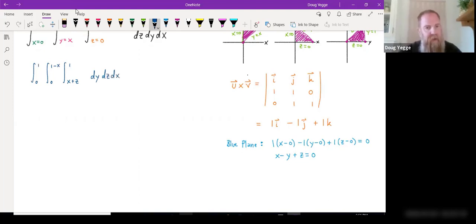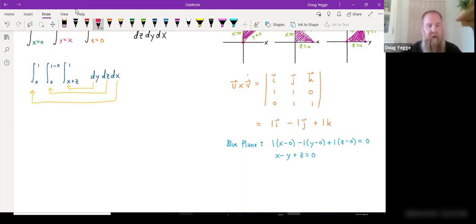So I like to put x equals and y equals and z equals just to help us understand what those are, but most of the time you're not going to see those values. You're just going to have to recognize that x is referring to these limits, z refers to these limits, and y refers to these limits.